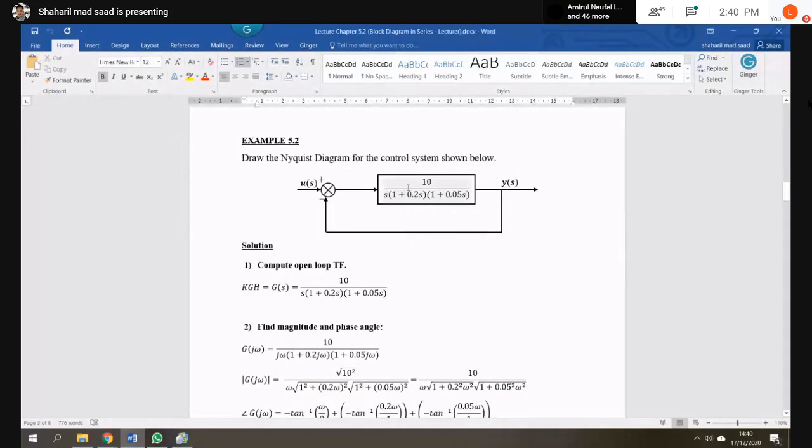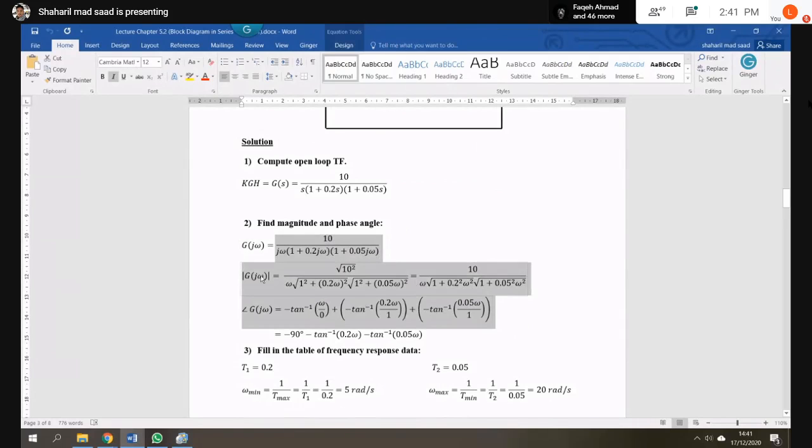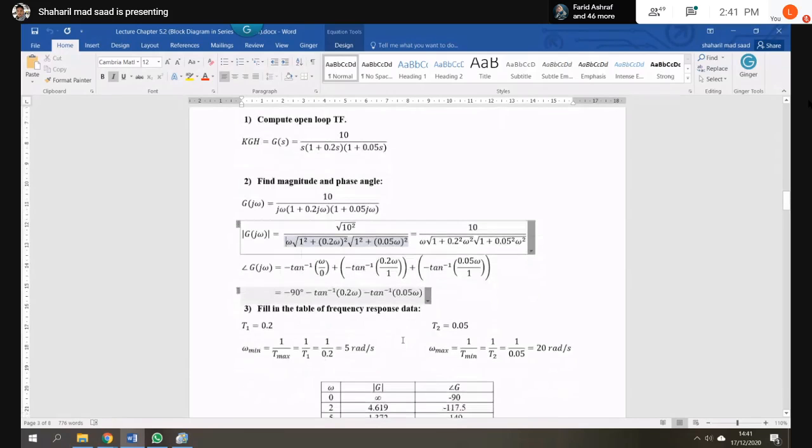So you are given a block diagram with K equal to 1, and the gains G and H here are 1. Then you find the KGH, the open loop transfer function. So you already got it here: K times G times H. My advice is you come out with the gain when you replace s equal to jω.